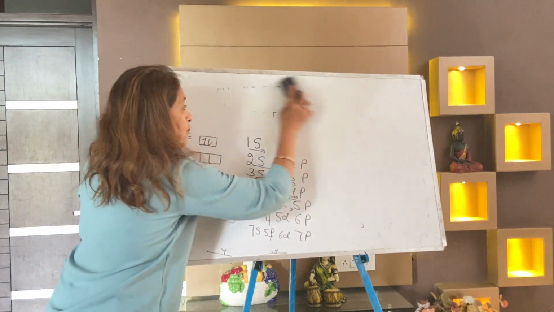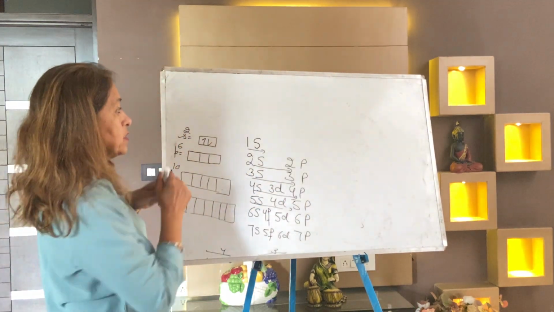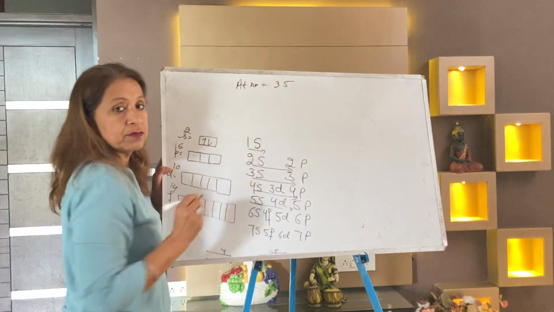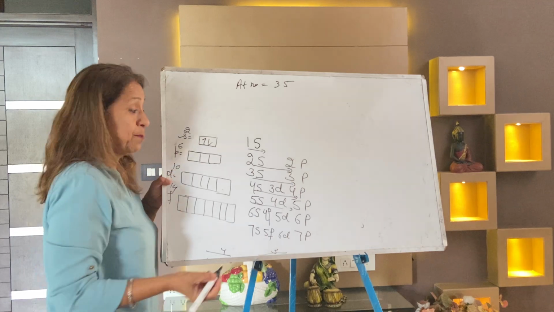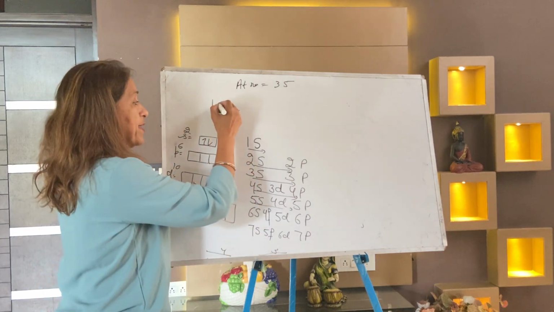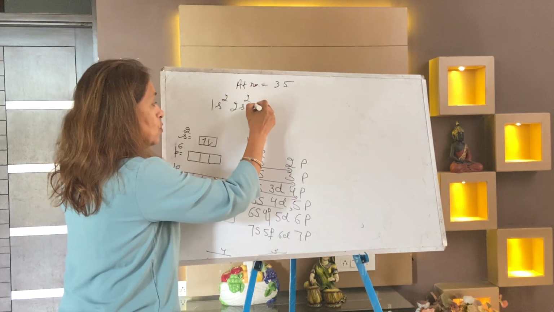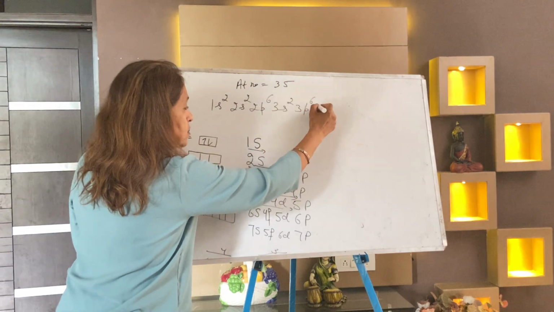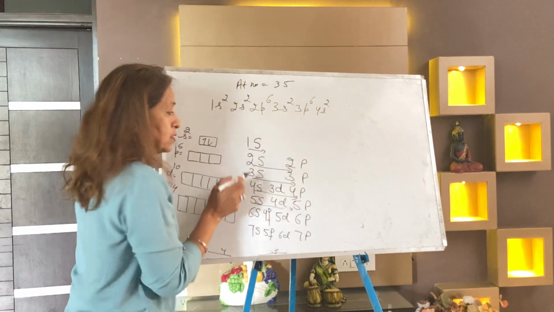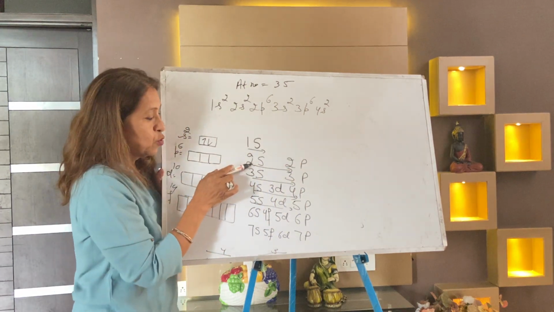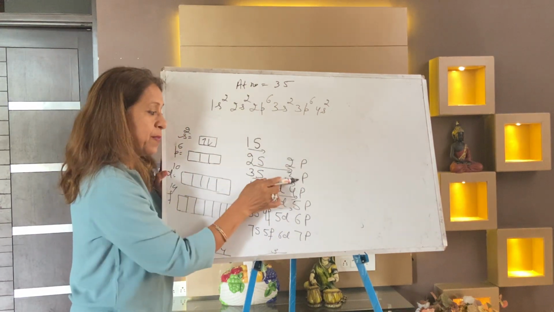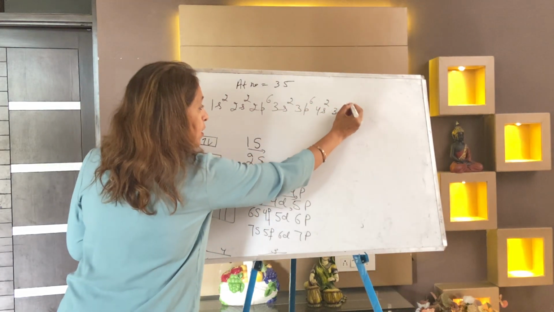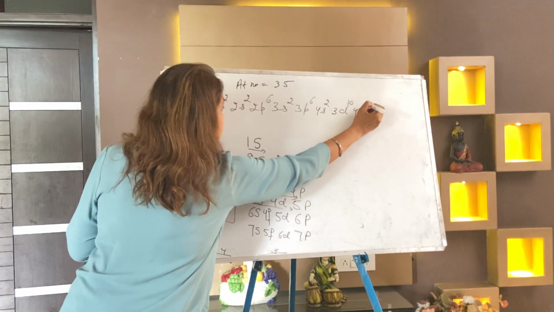Okay, let us start. Atomic number is 35. Again start taking help of this. 1s2, 2s2, 2p6, 3s2, 3p6, 4s2. I have completed this. 1s, 2s, 2p completed, 3s, 3p completed, 4s, 3d10, 4p5.